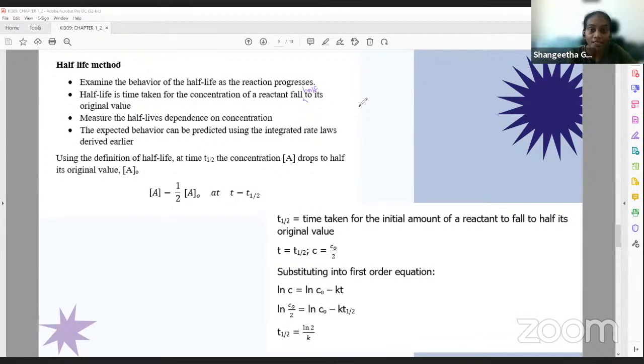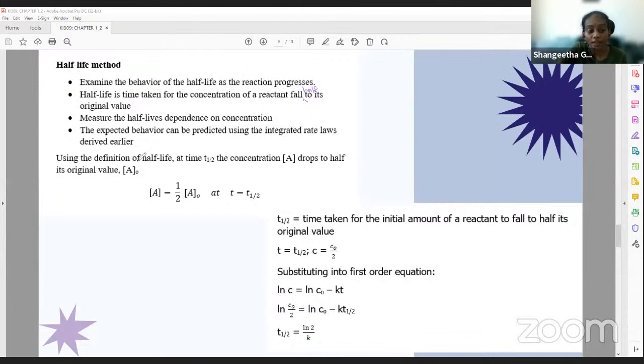The time at which your initial concentration of reactant falls to half of its original value is known as the half-life. The measure of the half-life depends on the concentration, and the expected behavior can be predicted using the integrated rate law that you derived earlier. So it is quite interconnected with the integrated rate law method.